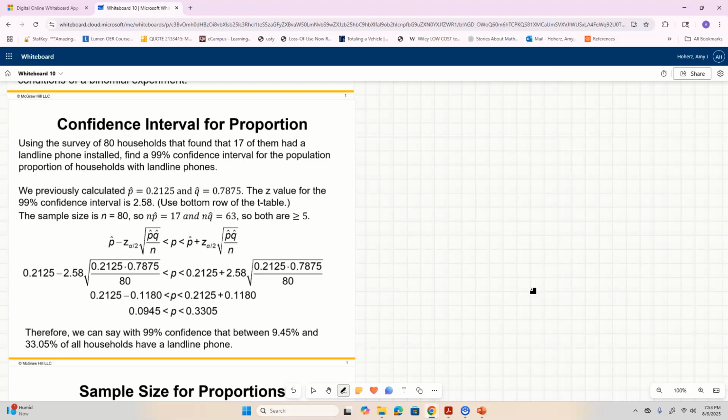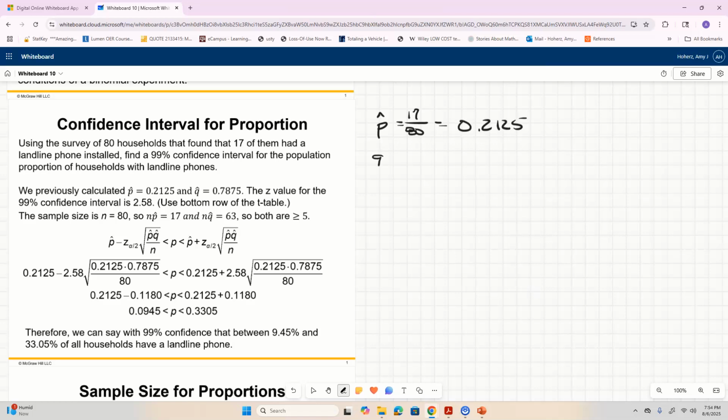Using the survey that we had, 80 households found that 17 of them had a landline phone installed. Find a 99% confidence interval. Well, we did p hat as 17 out of 80. If we hadn't already done this, we would have to do this, which was our 0.2125.